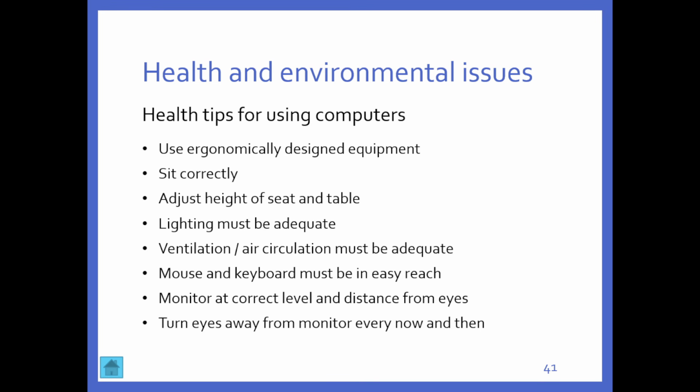You want to turn your eyes away from the monitor every now and then. And probably most importantly, you do want to take regular breaks. These are some health tips. These are things that are asked all the way through to grade 12. You need to know at least 3 or 4 of them. And they usually present this in a scenario where you need to give someone advice as to what they can do to use the computer in a healthy way.